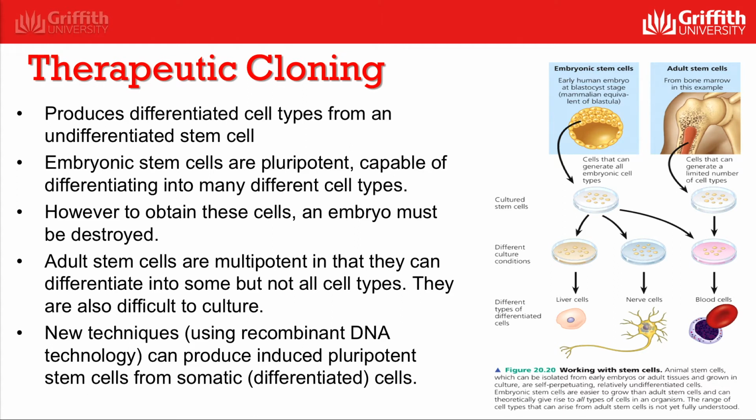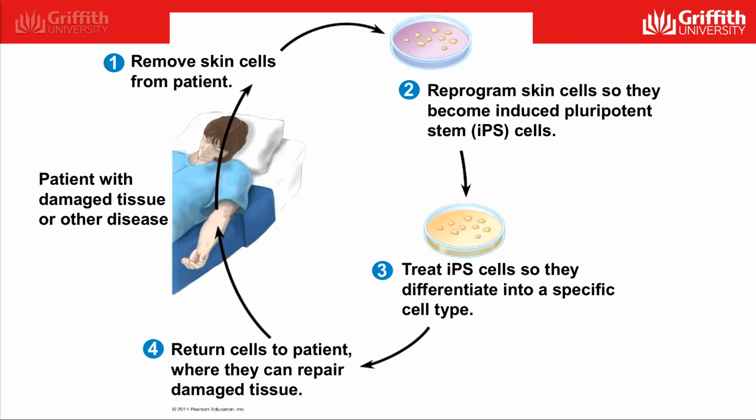However, this technique is controversial because to obtain embryonic stem cells, an embryo must be destroyed. Adult stem cells are multipotent and can differentiate into some, but not all cell types, and they're also difficult to culture. With new techniques, researchers have been able to produce induced pluripotent stem cells from differentiated somatic cells.